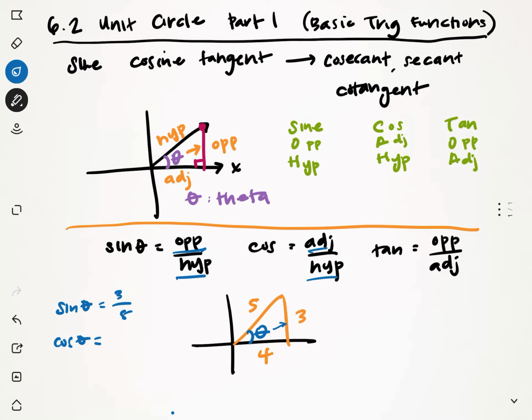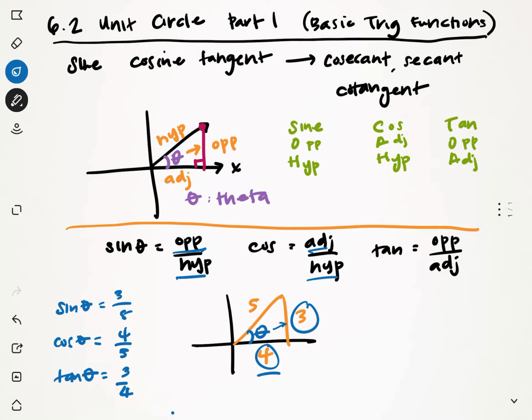The cosine is the adjacent over the hypotenuse, so the adjacent side is 4. The hypotenuse is still 5. And then the tangent, which is the opposite over the adjacent, is 3/4. Alright, so it's pretty straightforward. We just take the length of the side and plug it into your formula.